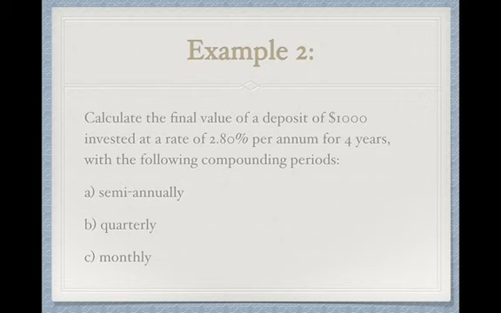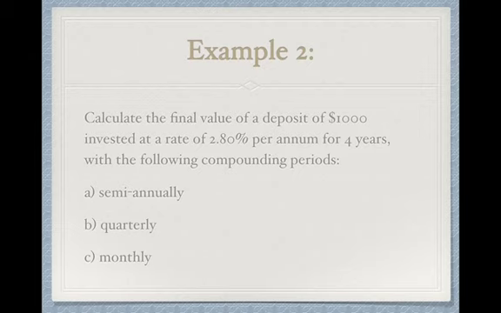Now we'll look at what happens if we compound it over different periods of time. Let's calculate the final value of a deposit of $1,000 again, invested at a rate of 2.8% per annum for 4 years under the following compounding periods. We're going to take the same principal of $1,000 for all of them.